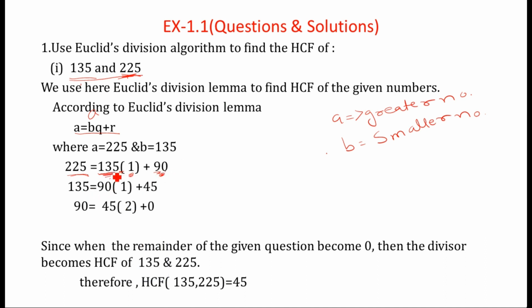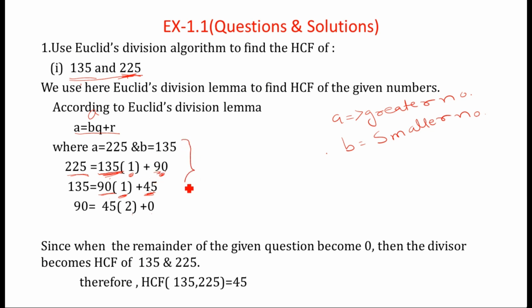When we take a as 135 and b as 90, we get quotient 1 and remainder 45. Similarly, in the next step, we take the comparison between 90 and 45. When we take a as 90 and b as 45, we get quotient 2 and remainder 0.